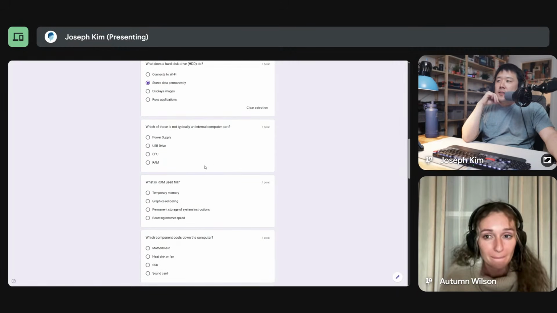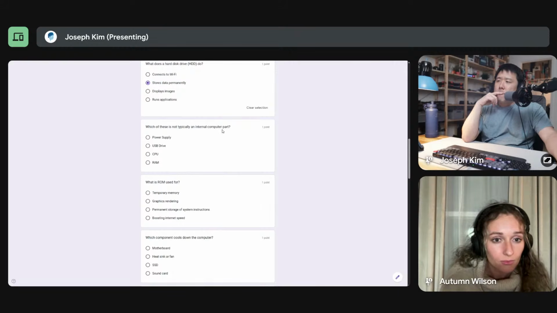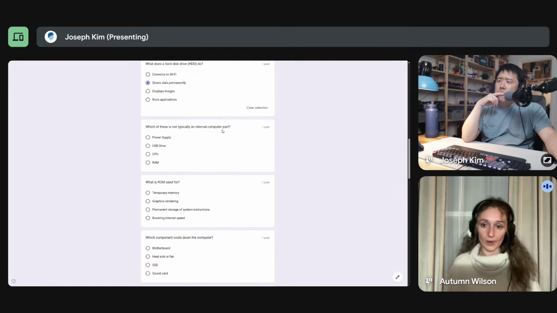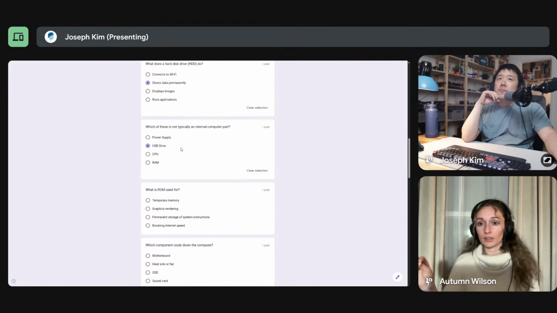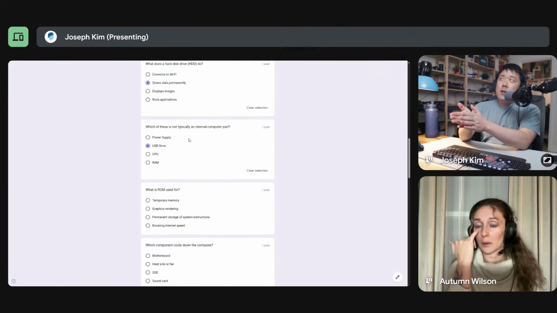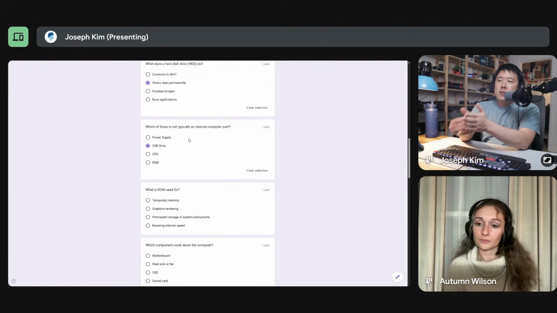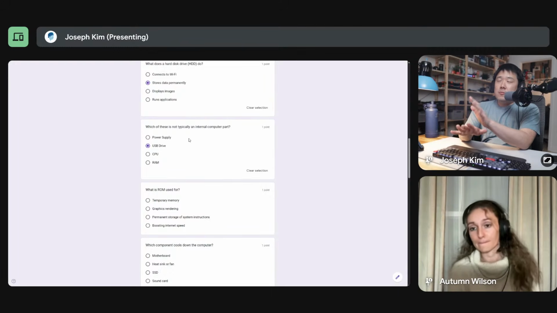Good, you're learning. Which of these is not typically an internal computer part? Power supply. No, incorrect. It will be USB drive. Oh, is it because it's separate? Yeah, well, I think if it said USB port, that's what you're thinking.